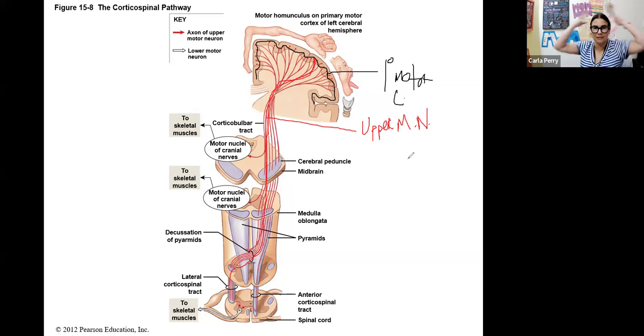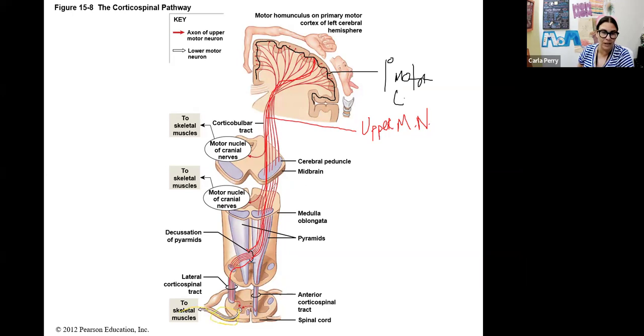Now that makes sense to me because it's starting at your brain and it's traveling down. So we have the upper motor neuron that kicks off this pathway. The upper motor neuron then simply synapses on this next neuron.